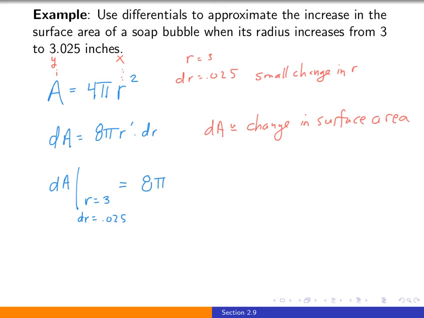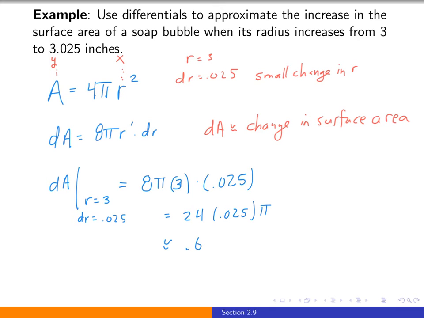So this power that goes with the r was a 1. And so we're plugging in 1 to the first, times we're plugging in 3 for our r and multiplying by 0.025. So this gives us 24 times 0.025 pi. And if you plug this into a calculator... well, let's actually not plug it into a calculator.